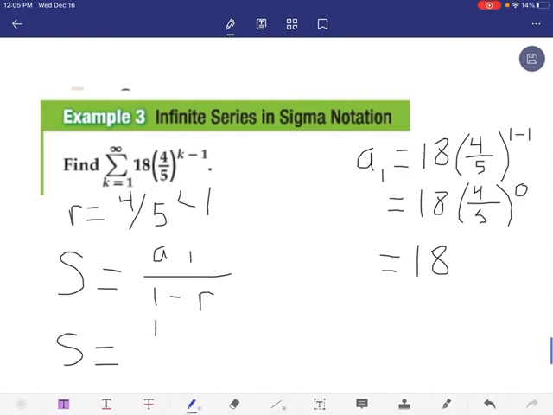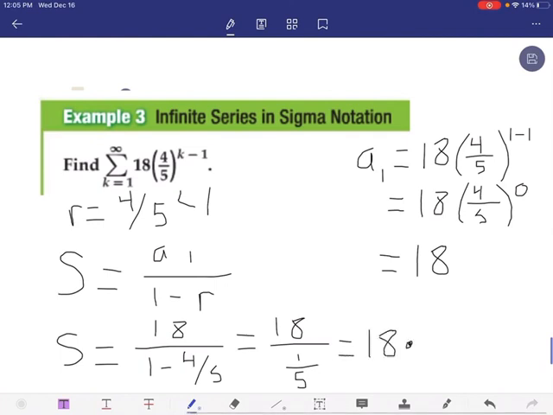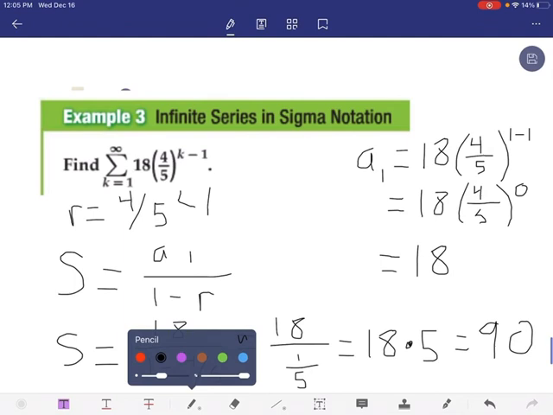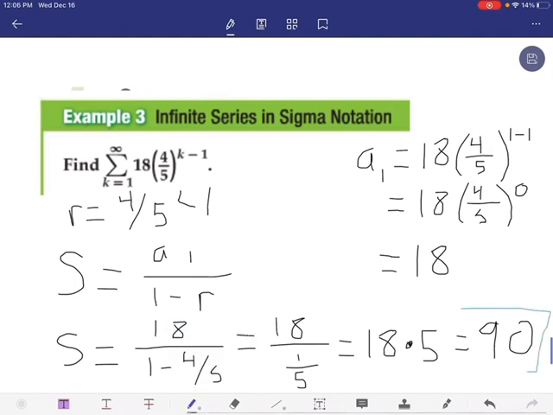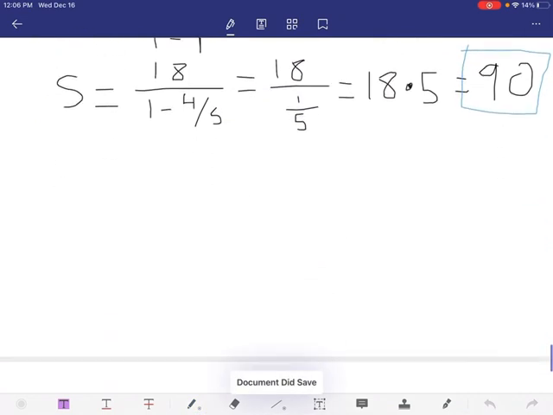Now plugging in all of our known values, I have 18 divided by 1 minus 4/5. Simplifying that, we will have 1/5 in our denominator. So we end up with 18 times 5, which gives us 90. So we know that the sum of this infinite series is going to be equal to 90.